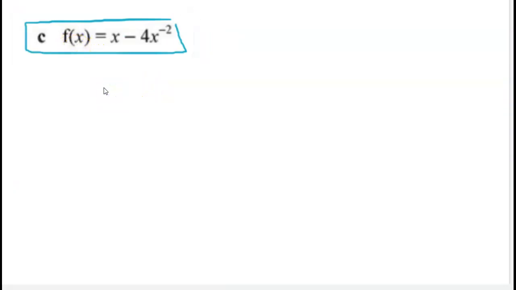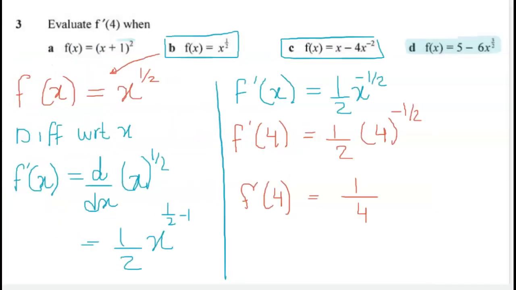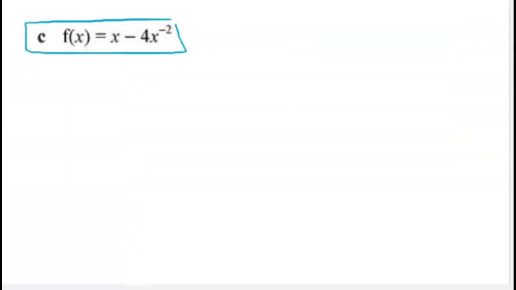Again, we have to find the gradient when x is 4. So this is another way of saying find the gradient when x is 4. Because it's a single dash, it tells you it's a gradient, dy over dx. So let's differentiate this one. So f dash of x, and I'm just going to differentiate on this side as well.